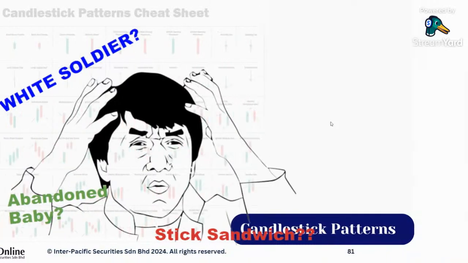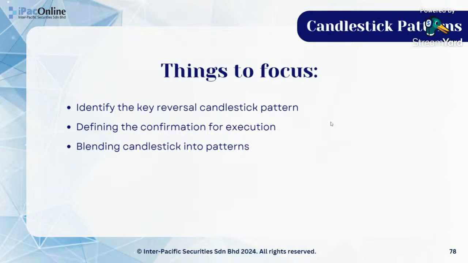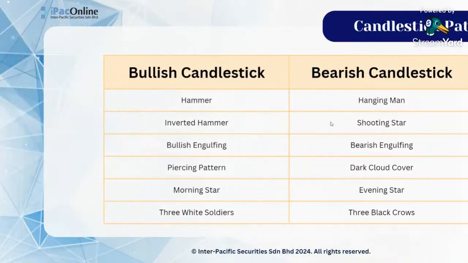Just focus on some of those that are popular, critical, the key reversal patterns, and then understand how to trade using them. Identify where the confirmations are for the executions, and if you want, you can even blend the candlesticks into patterns to get to know how the patterns actually are, to identify the directions.